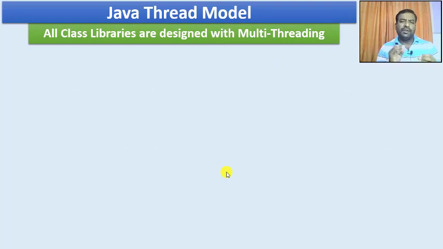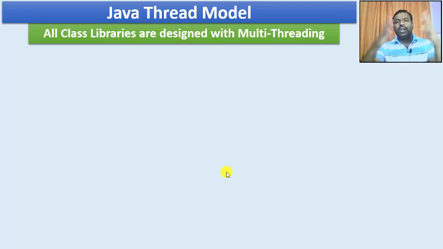Fine. Hence we are slightly getting into the programming phase. So it will take some more time before we exactly start programming multi-threading. Now when I talk about the Java thread model, all class libraries are designed with multi-threading. Remember this: when I talk about Java, by default you are in multi-threading.